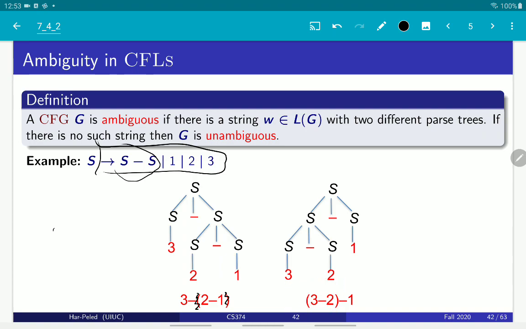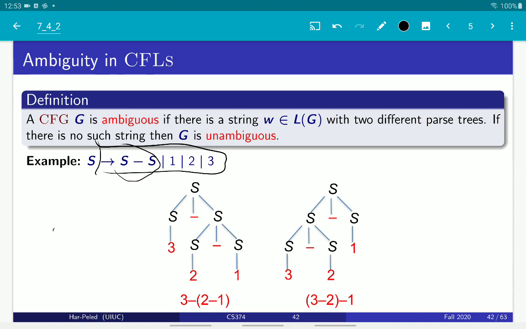Now, conceptually, we really care whether it's the left or the right, because when we compute it, we compute the left one and the right one in different ways. So that matters. In particular, the standard way we do things, the right interpretation is the right one. And as you can see, you can get both interpretations using this grammar. In this case, this is not too difficult.